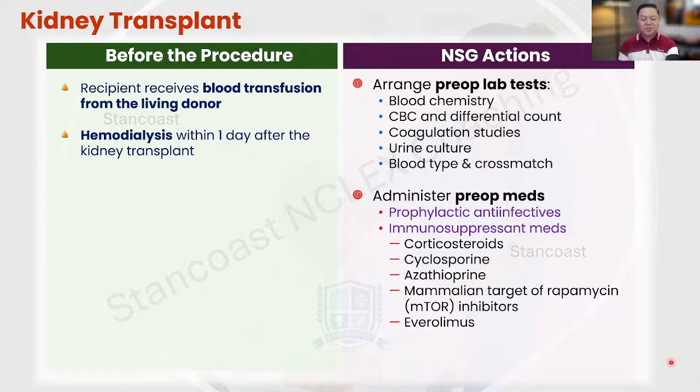And another side effect here is the increase of the blood sugar level. It can cause hyperglycemia. So for those patients that are already diabetic and they have to go through this process of pre-medication or pre-op medication, you really have to think ahead. What can I do for this patient in order to prevent more complications, especially that they're already diabetic?